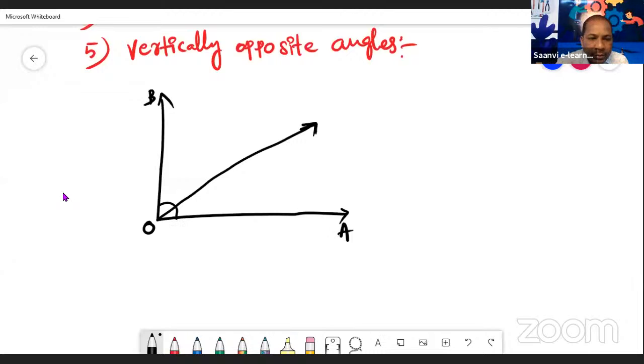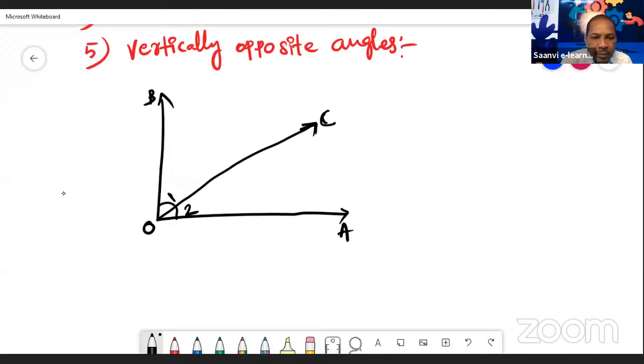Here is angle 1 and this is angle 2. So if we observe these two angles, they have a common vertex and a common arm. Vertex means the corner point. The vertex is nothing but the common corner point.